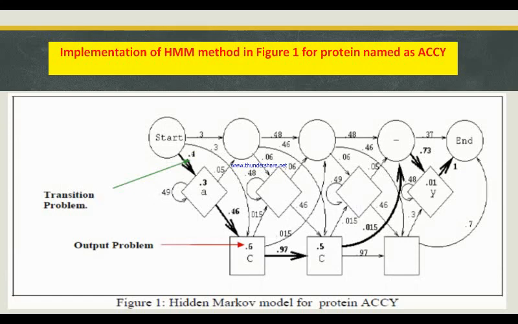Then we go to the implementation of the HMM method in figure 1 for the protein named SCCY. Look at the diagram with me. First of all, as you can see, the number at the path and the number at the box, which is here 0.4 and here 0.3.